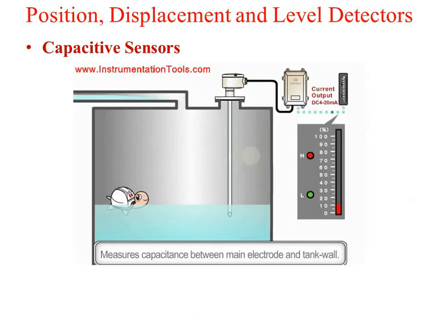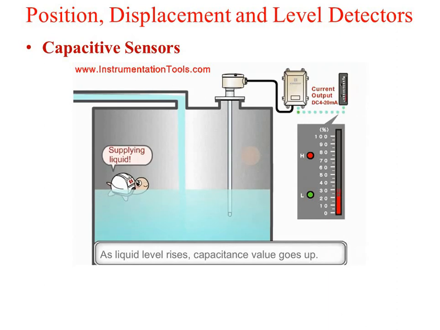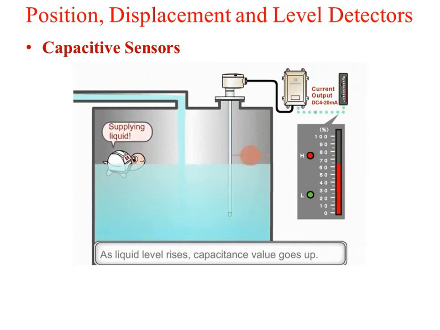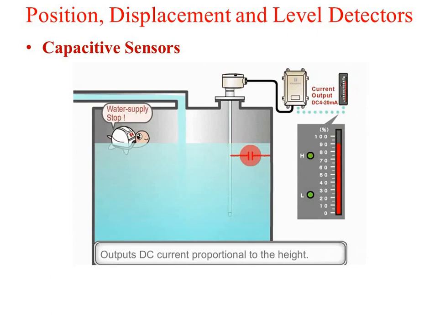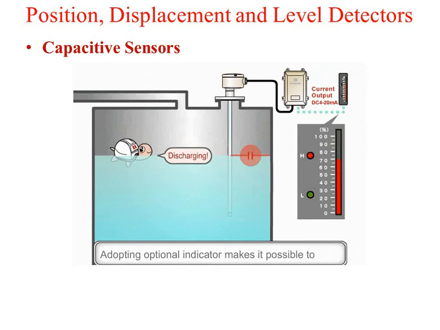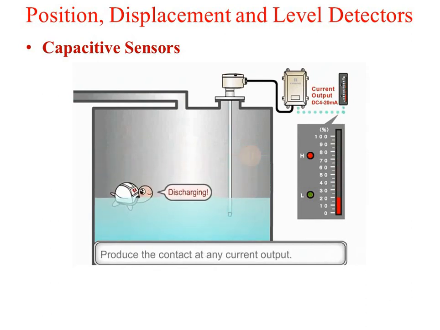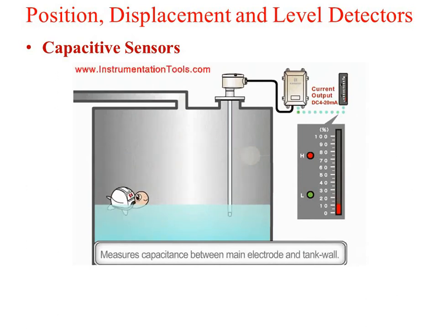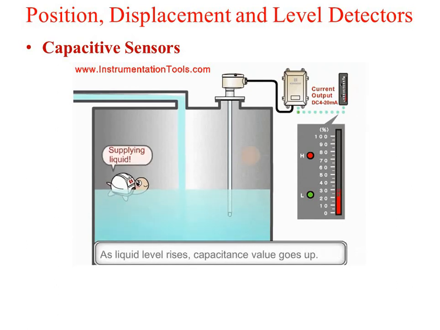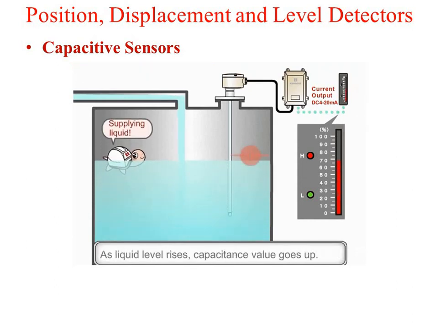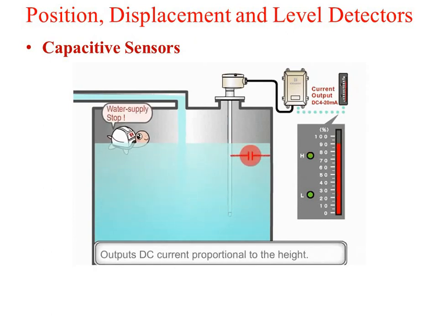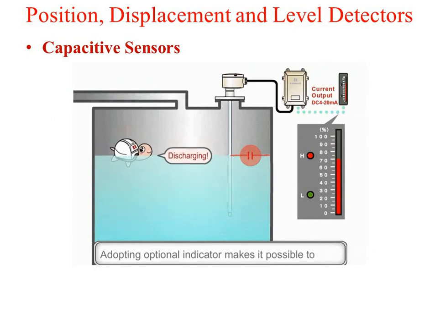Then here is how the capacitive sensor can be used for the measurement of level. So you can measure liquid level, and when the liquid level changes, accordingly the capacitance value will change, and you can measure the level from that capacitance. You can see that the liquid is supplied, and whenever the liquid is there, it is going to change the capacitance between the outer container and the rod over here.